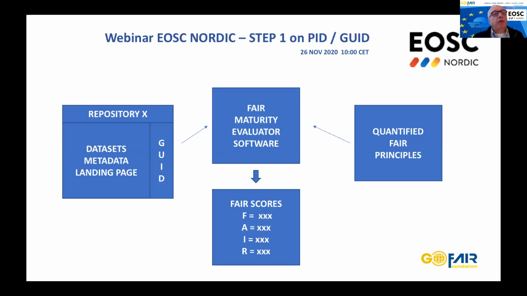If the software finds a GUID, it can then evaluate against the FAIR principles and calculate the so-called FAIR score for each of the letters F, A, I, and R. If you fail on a particular principle, we can provide recommendations on how to improve the fairness. This is how it works.